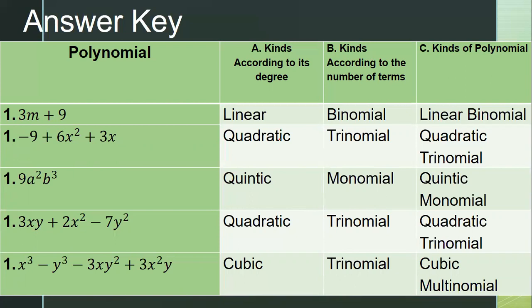So we have here linear binomial. We have here quadratic trinomial. We have here quintic monomial, quadratic trinomial, cubic trinomial.